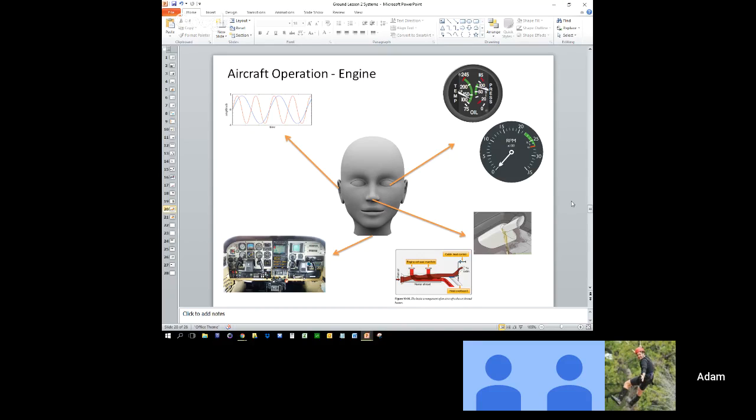I put a picture of a cockpit down there because sometimes the first thing you notice from a rough running engine is your instrument panel starts shaking. So we talked about a lot of fundamental nuances with the operation and the auxiliary systems of an aircraft engine. But from a flying perspective, yes, it is very important to understand those nuances and stay studied up on them.